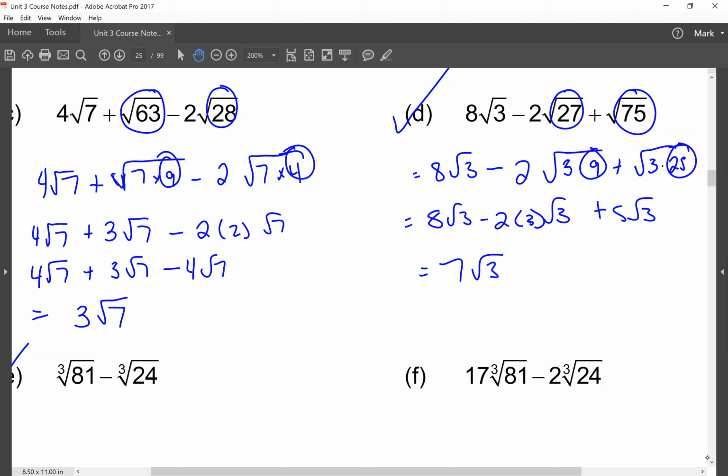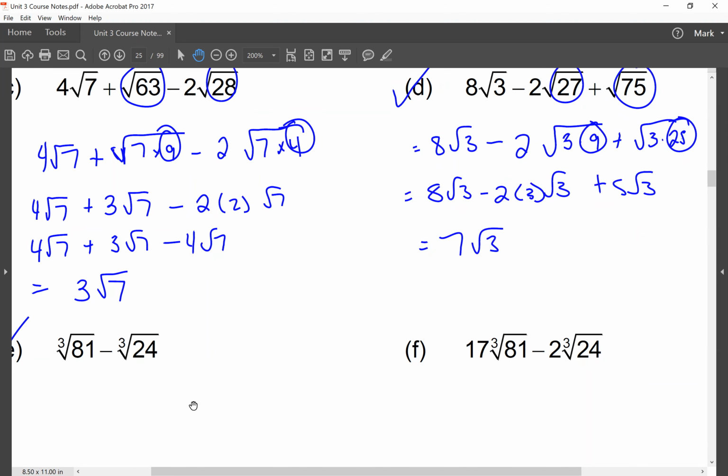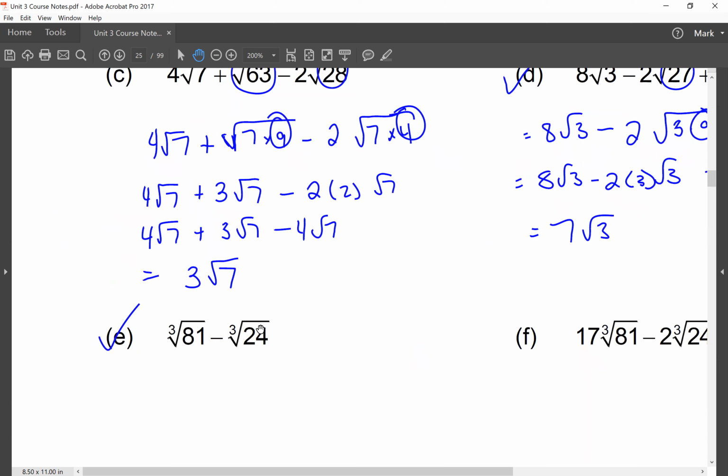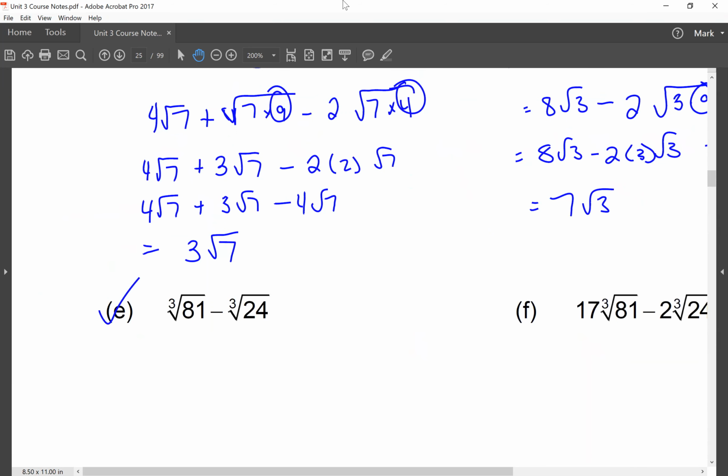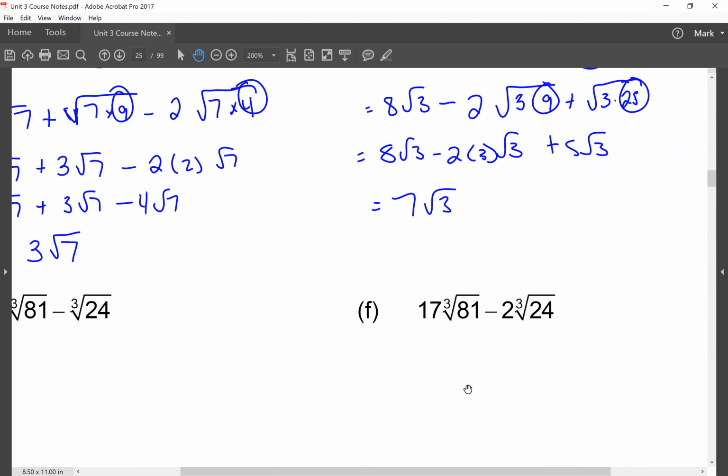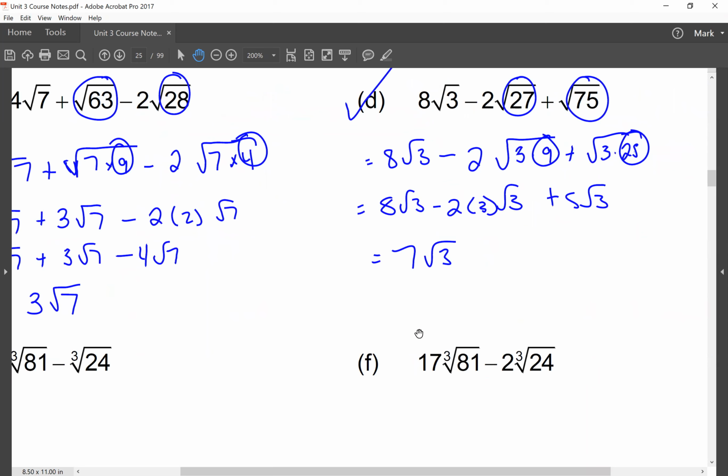All right, did anybody get something different? I got 9 root 3.